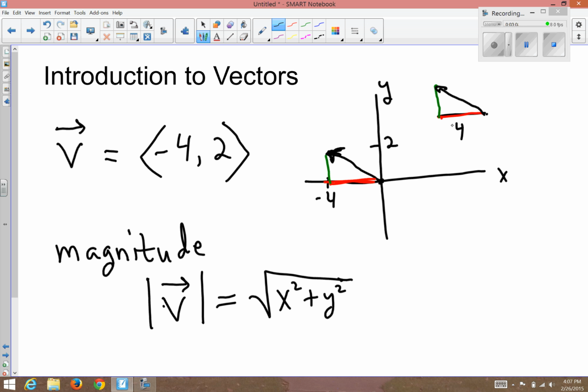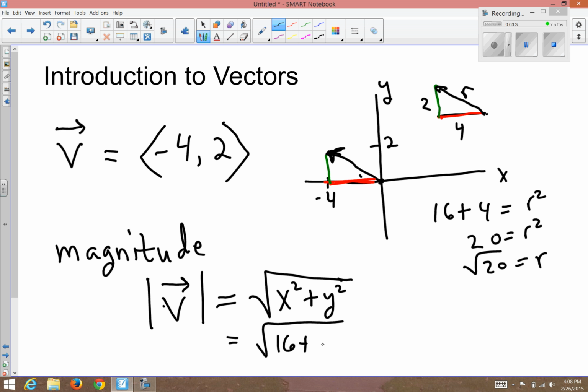Since x squared plus y squared has to equal this side squared, the square root of 20 is equal to r. By r I meant the magnitude of the vector. So x is -4, x squared is 16, y is 2, y squared is 4. And this could also be written 2 radical 5.